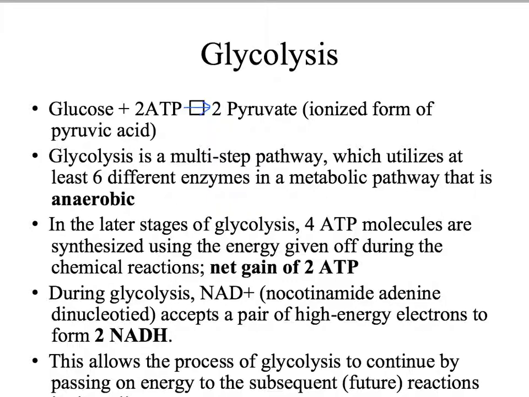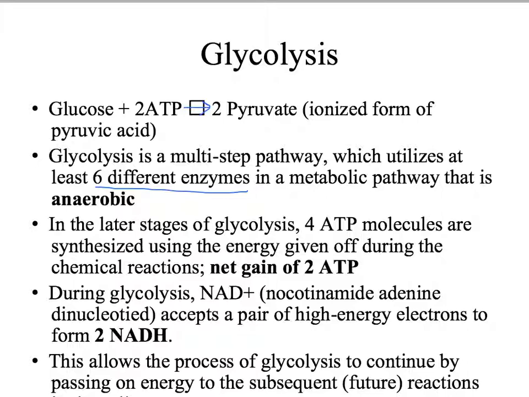Glycolysis is a multi-step pathway which utilizes 6 different enzymes in a metabolic pathway that is anaerobic. And again, when we talked about simplifying cellular respiration, I'm not going to ask you to memorize all of the different enzymes involved. Just know that there's a bunch of stuff going on, and we're going to highlight the key things.